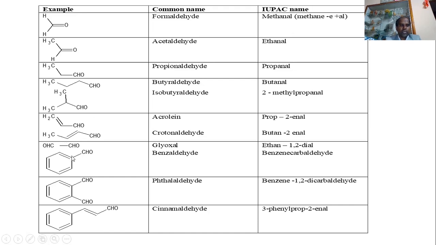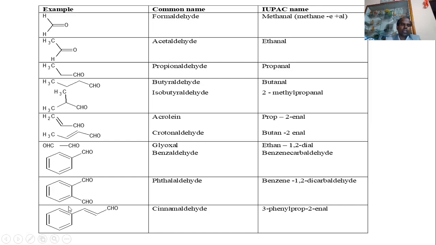Let's take this one. This is one example of an aromatic aldehyde, and this is the benzene ring, and this one is carbaldehyde. So, for this aromatic aldehyde, the common name is benzaldehyde, and the IUPAC name is benzenecarbaldehyde. So let's take one more example. So you can take that this is the benzene and this position is 1, this position is 2.